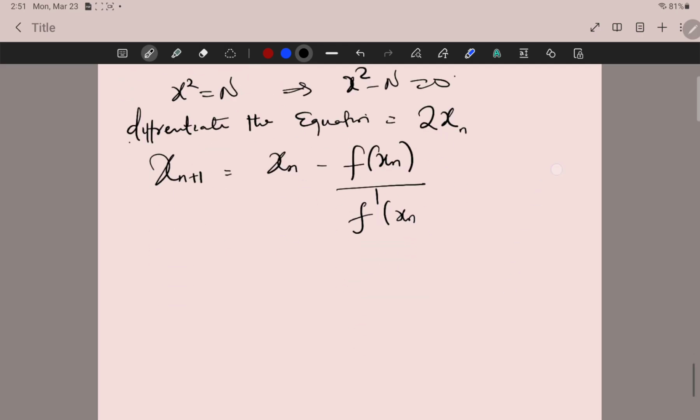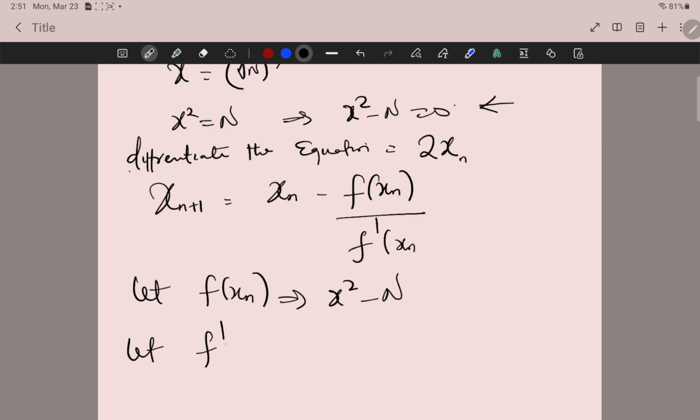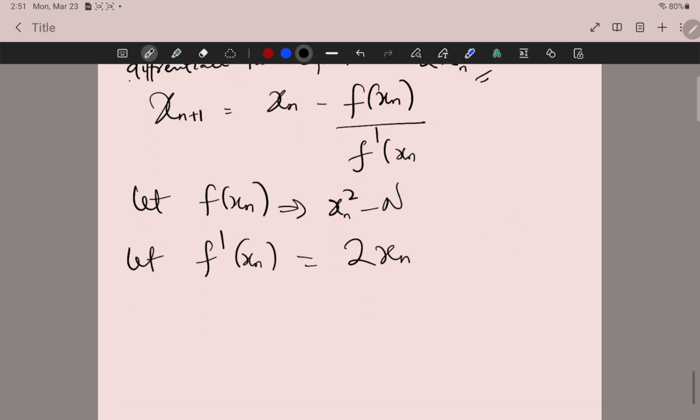That's Newton-Raphson's formula. Let your f of xn be your equation, x squared minus n, and let your f prime of xn be the differential, which is 2xn. Anywhere you see x squared, just put n for me, suggesting the element of natural numbers.